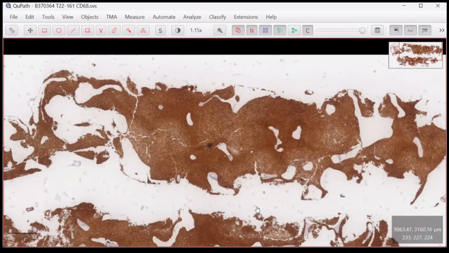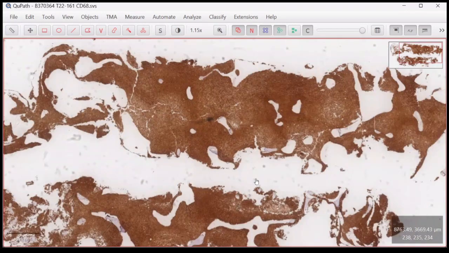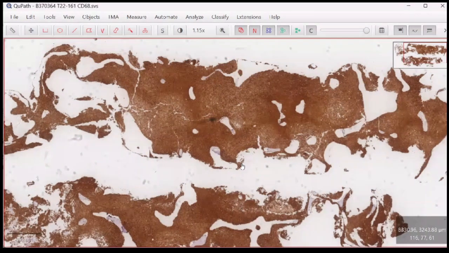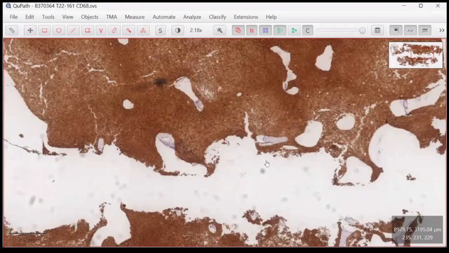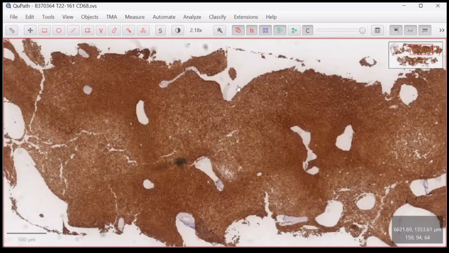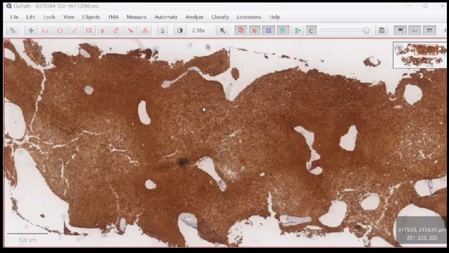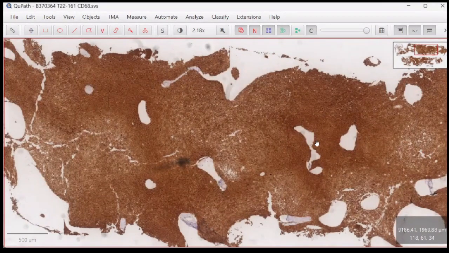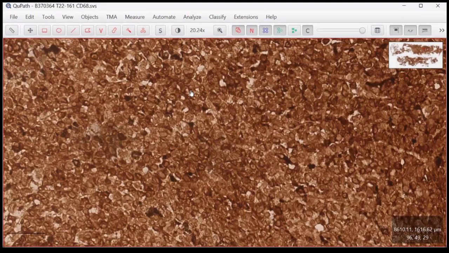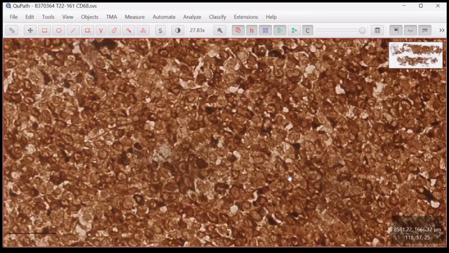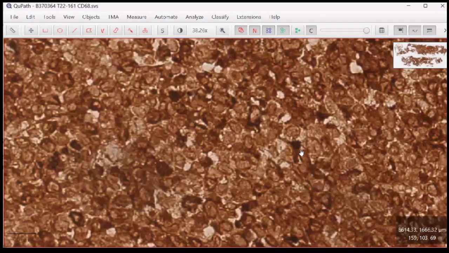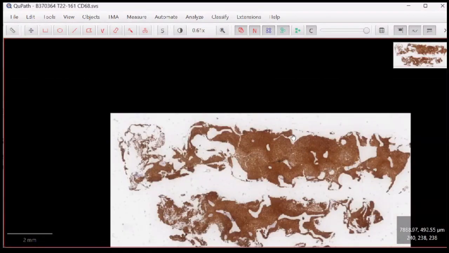You don't need to have CD163 or CD14 because we just need to confirm the lineage, that they are monocytic cells. So it looks very diffuse, very diffuse CD68 positive in almost all cells. So then we know we are dealing with M5.